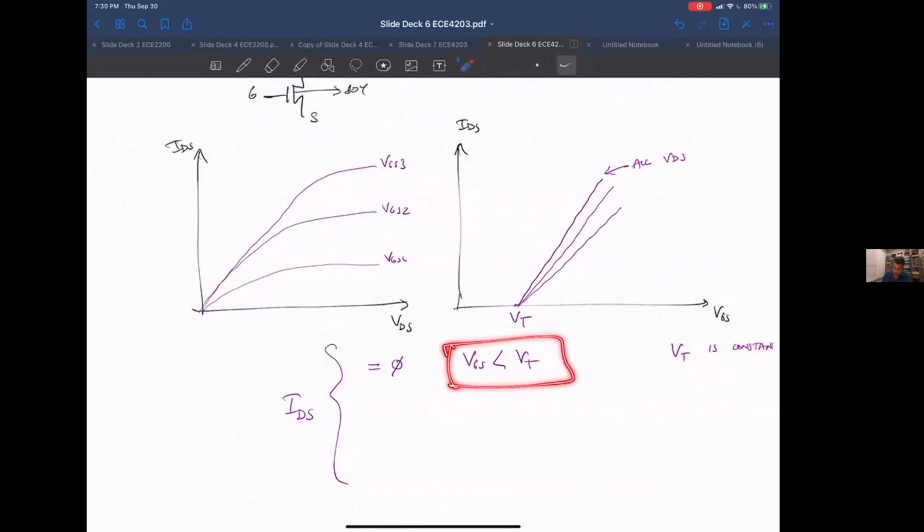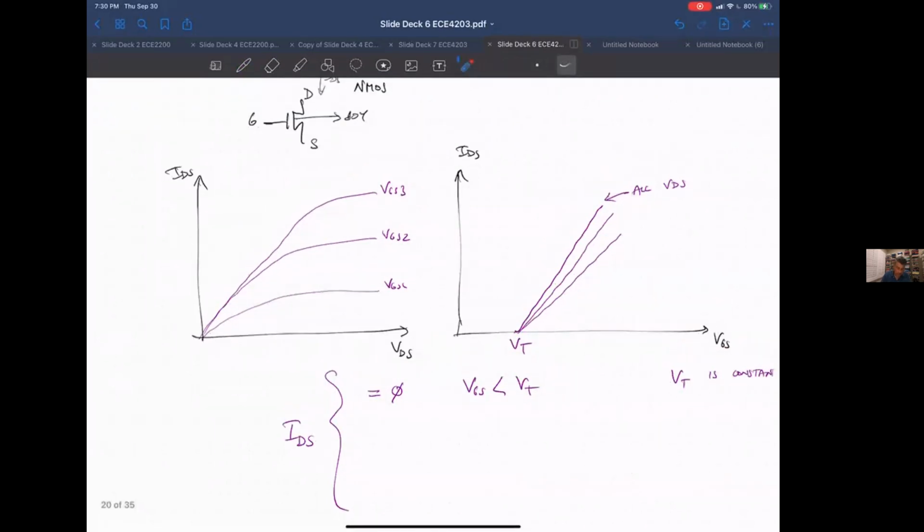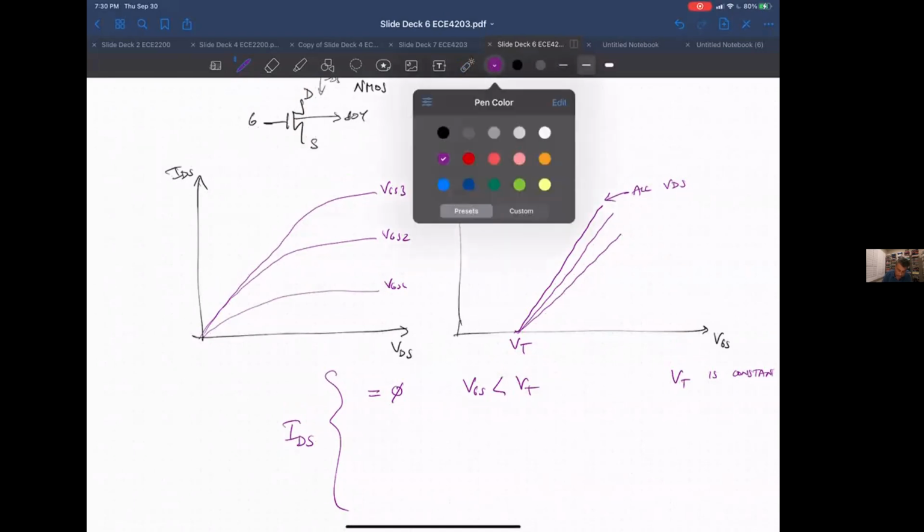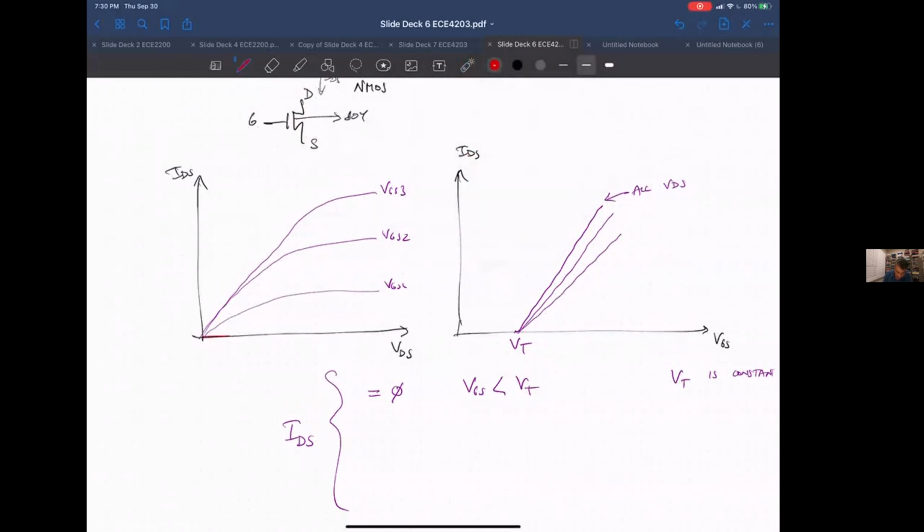So when the transistor is off, there is 0 current, IDS current, flowing through it. So in this case, a VGS of less than VT would show up on this curve up here. So any VGS less than VT would just have IDS of 0 regardless of VDS.